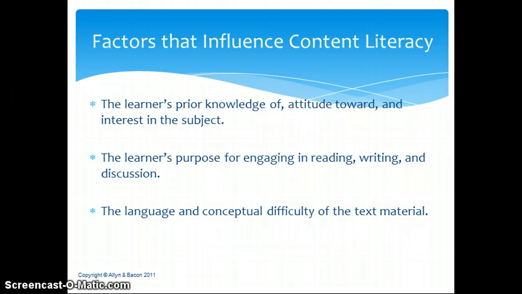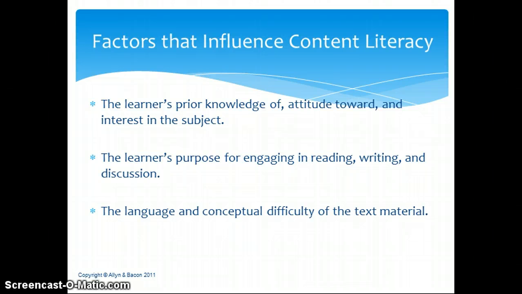How much background knowledge I bring to the science task or the science text is going to influence how much I take out of it. How I feel about science in general, or how I feel about myself and my ability to learn the science material, so my efficacy for learning science, and then how much I'm interested in it, right? So those are things that are going to influence how much of that content I can access.